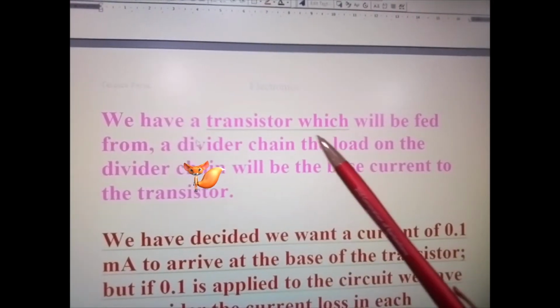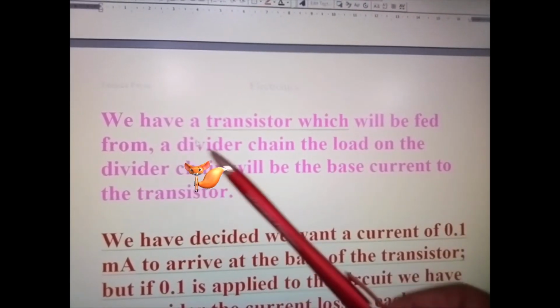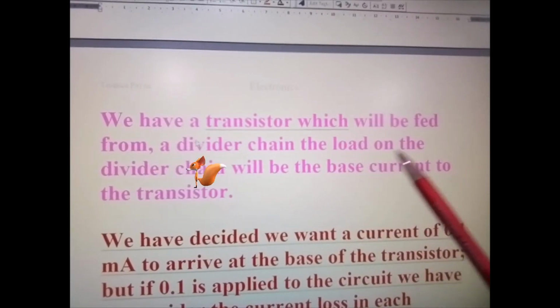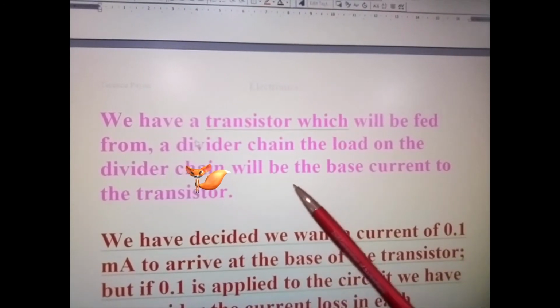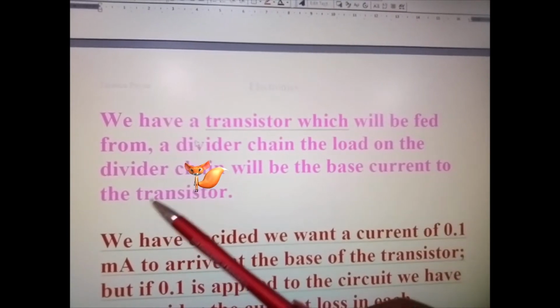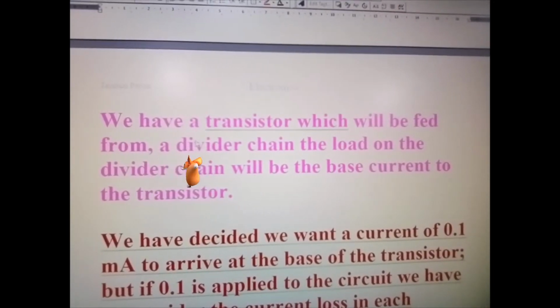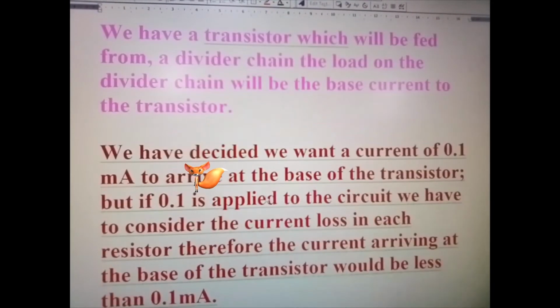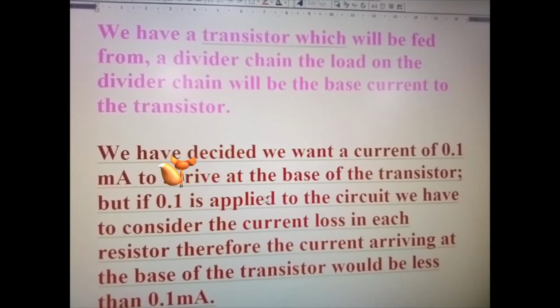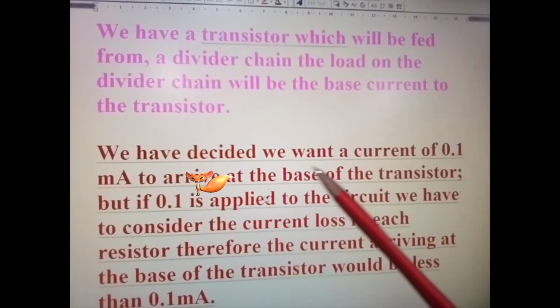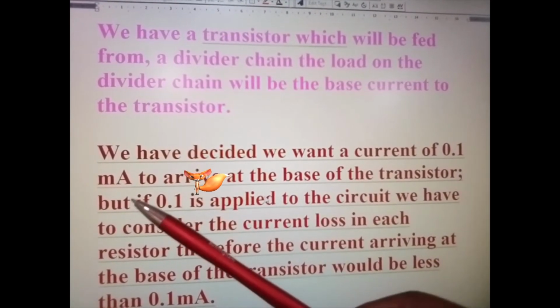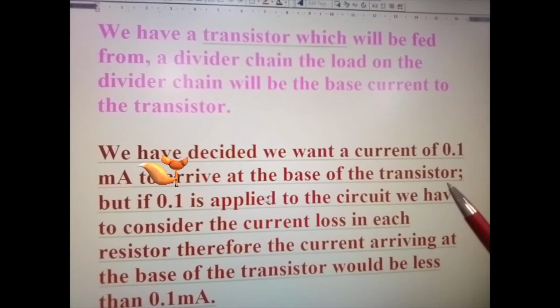We have a transistor which will be fed from a divider chain. The load on the divider chain will be the base current to the transistor. Now we have decided we want a current of 0.1 milliamps to arrive at the base of the transistor.